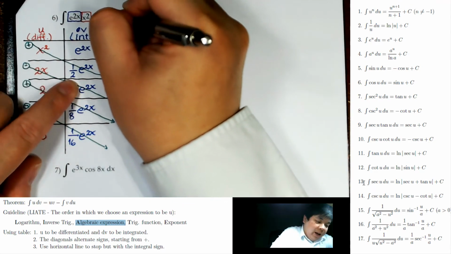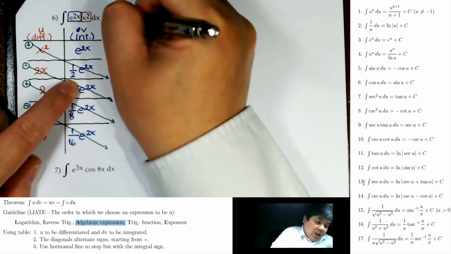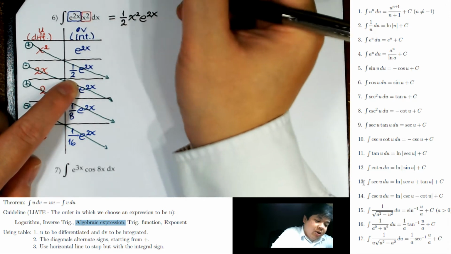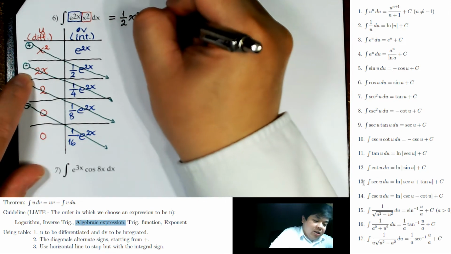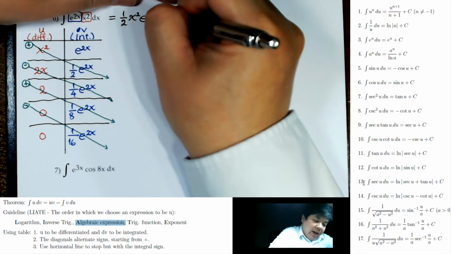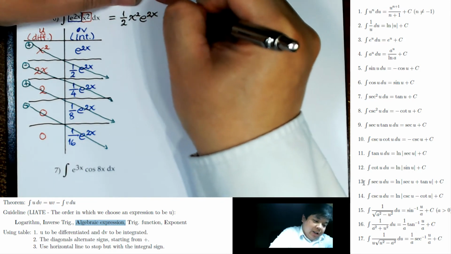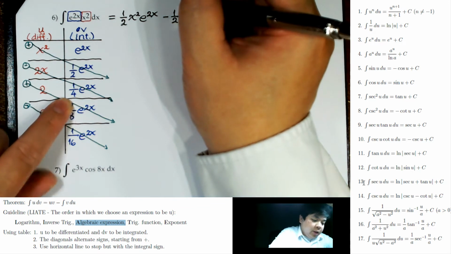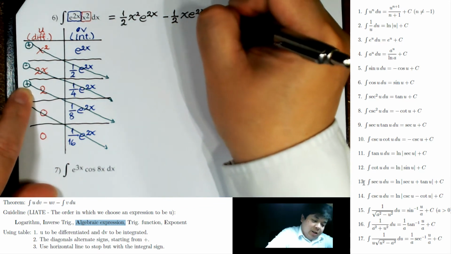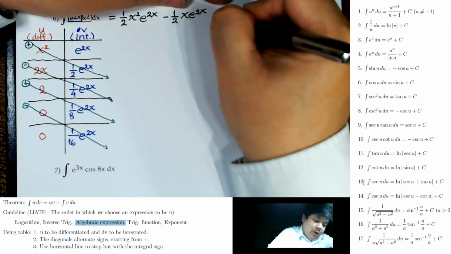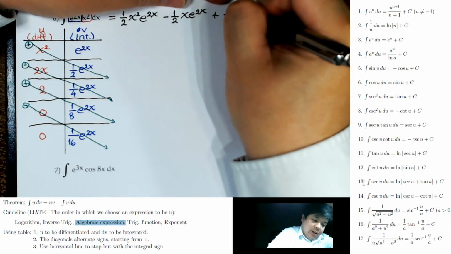So we have 1/2 x squared e to the 2x. That's the first one. Next is going to be minus 2 times 1/4, which is 1/2 x e to the 2x. And then plus 2 times 1/8, which is 1 over 4 e to the 2x.